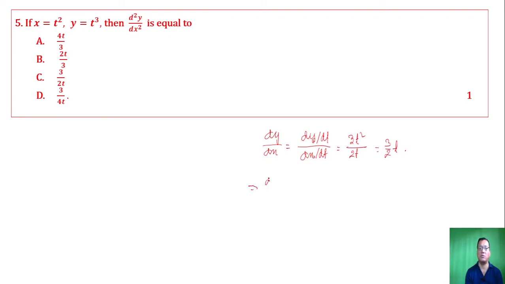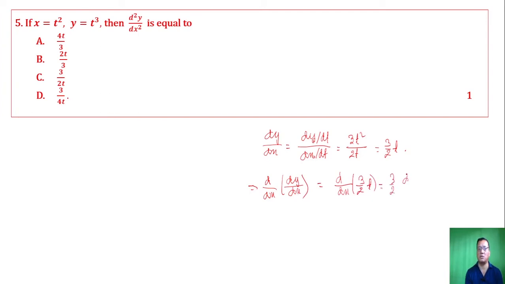Again, for the second order derivative, we differentiate the derivative once more. dy by dx, whose value is 3 by 2 times t, is a function of t.